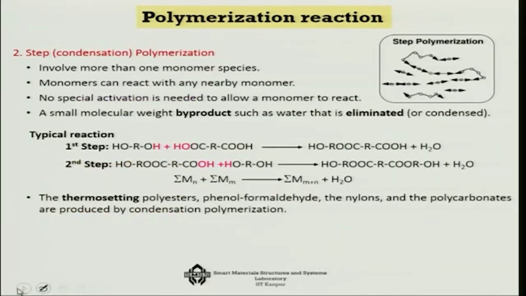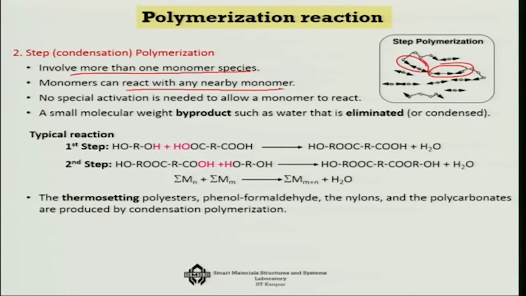Much unlike that, there is another type of polymerization where you don't have to really depend on one or two sites, but you can have simultaneous polymerization in many places. So it is like everywhere this is happening, and it can involve more than one monomer species, and the monomers will react with any nearby monomer.